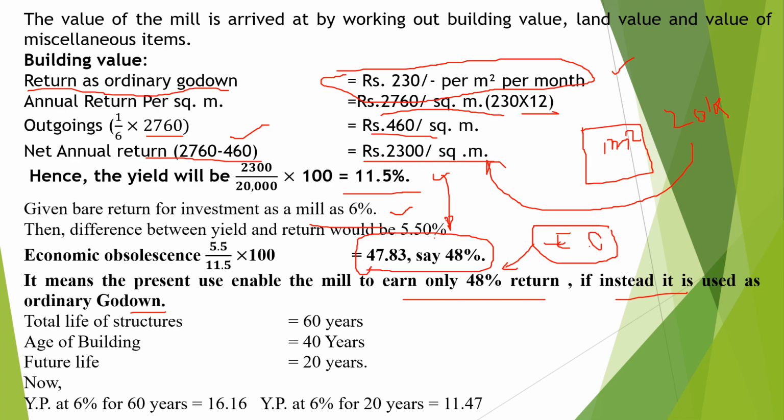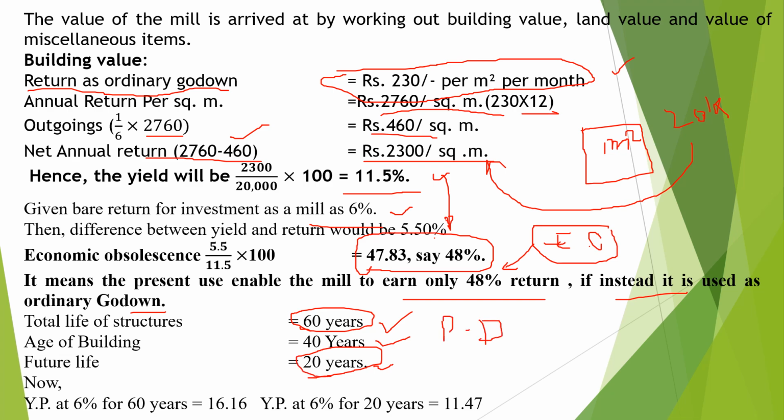Next, you will learn a new thing: the total life of the structure is given as 60 years, the age of the building is 40 years, and the future life of the building is 20 years. We use this total life and future life to calculate physical depreciation.